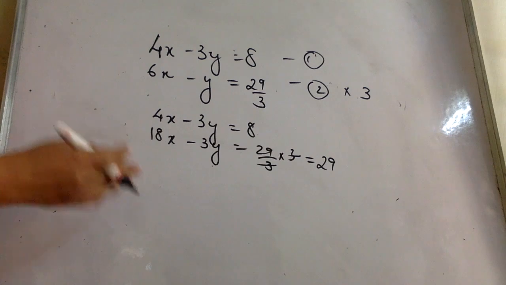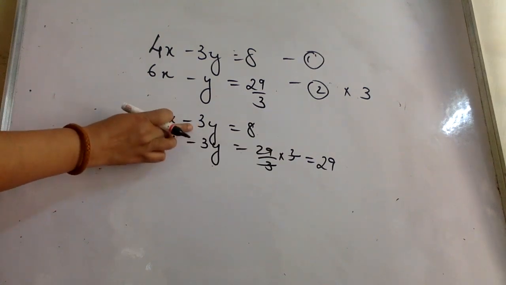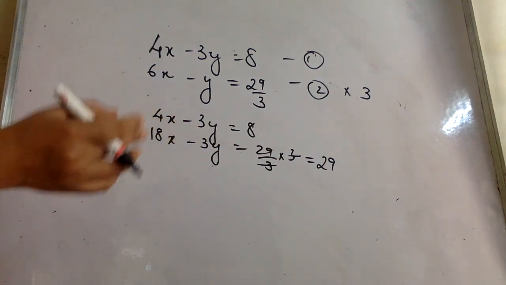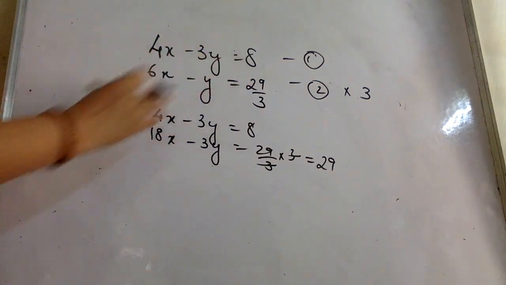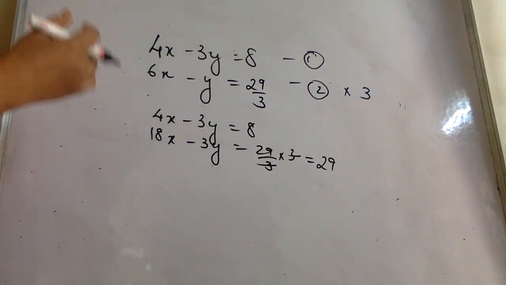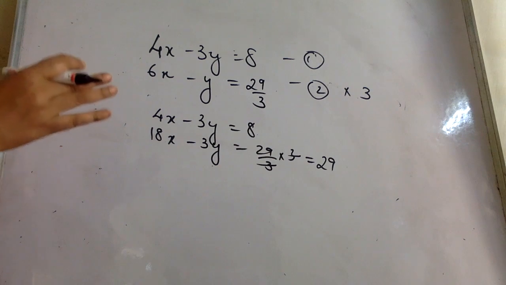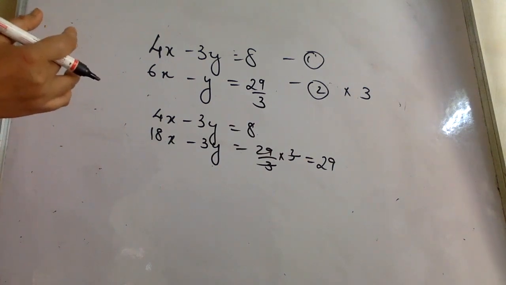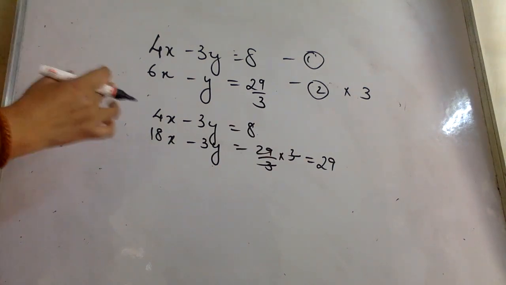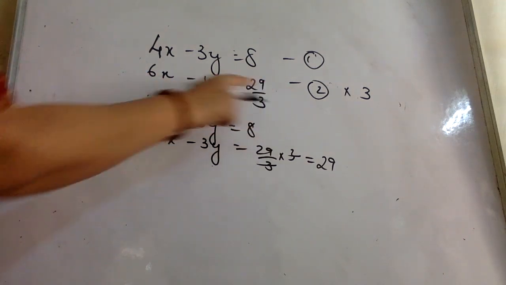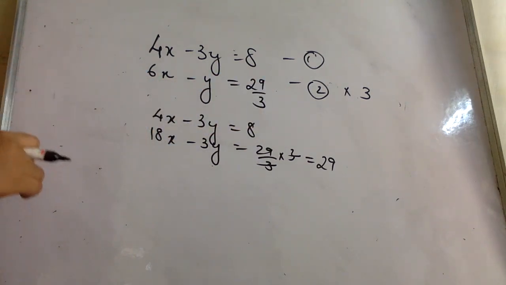Now what have I achieved by this? I have achieved the same term up and down by multiplication. Why do I multiply both sides? Because if it's an equation, I cannot simply multiply one of the sides. That will create an imbalance in the equation and the sum will go wrong. So when I multiply, I have to multiply both sides.